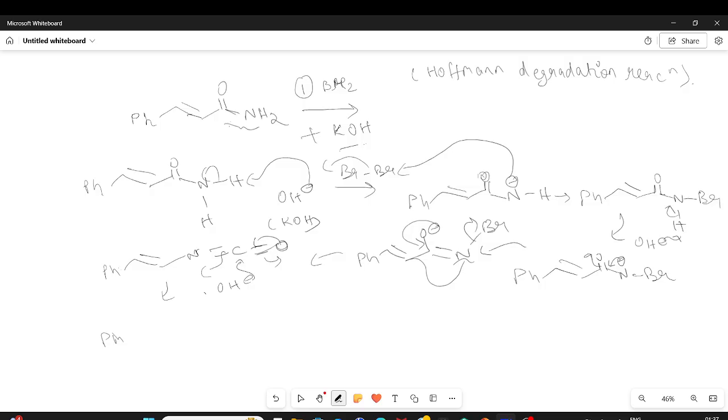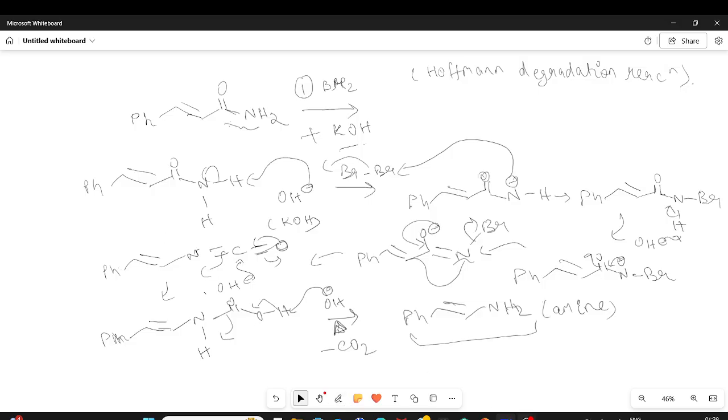It can rearrange in this manner. So essentially what you have is something like this. And out of this, if you further use base with some heating conditions, it will lead to elimination of this carbon dioxide unit and ultimately the formation of an amine with one carbon less than the amide. So this is the product of the Hoffman degradation mechanism.